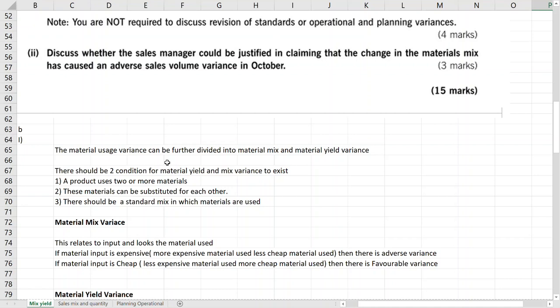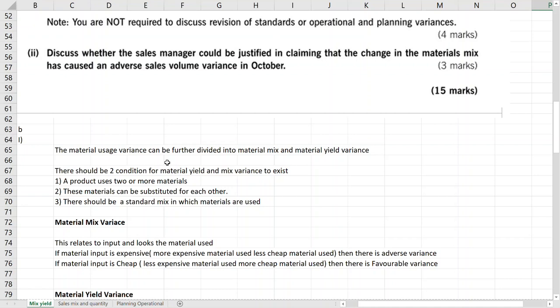If a product uses 1 material, then there won't be any mix or yield variance. 2, these materials can be substituted for each other. Substituted means one material can be used instead of another. And 3, there should be a standard mix in which materials are used.